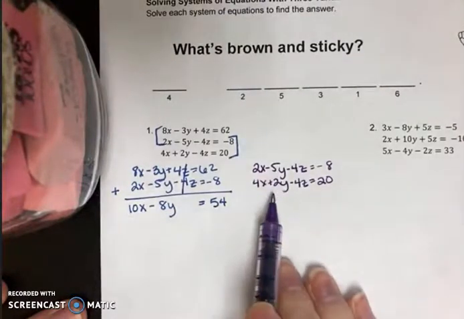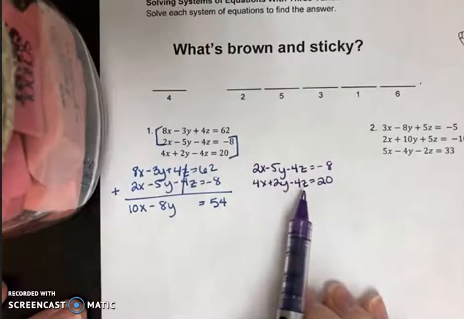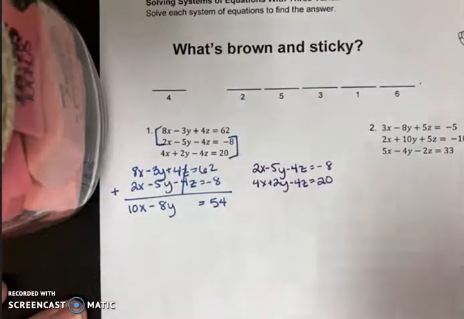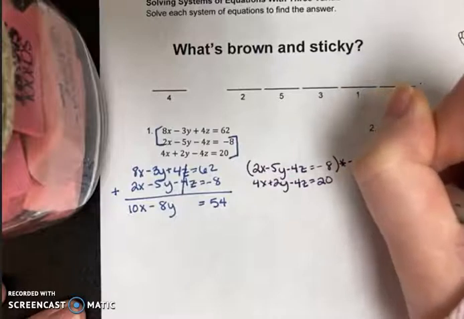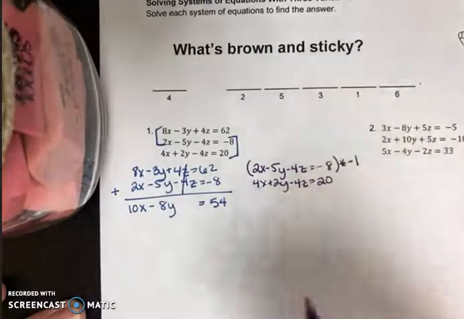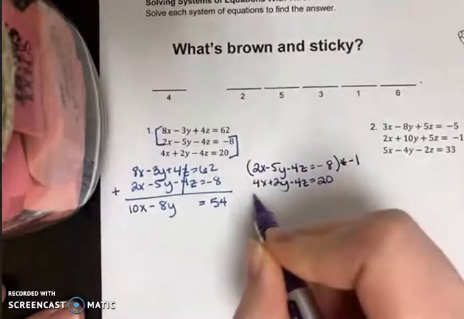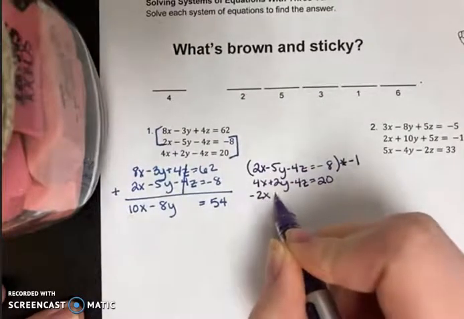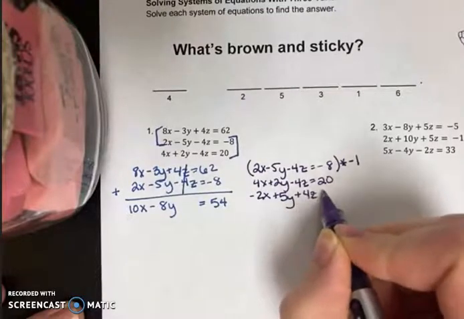Over here, the z's don't cancel out right away, so I'm going to have to multiply one or the other by something in order to make it cancel. I'm just going to multiply my first equation by a negative 1, which essentially changes all of the signs, making this minus 2x plus 5y plus 4z equals 8.